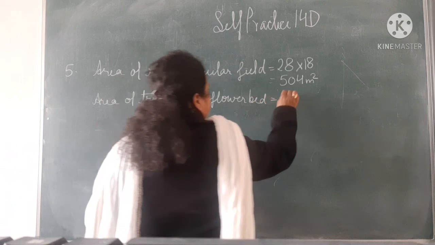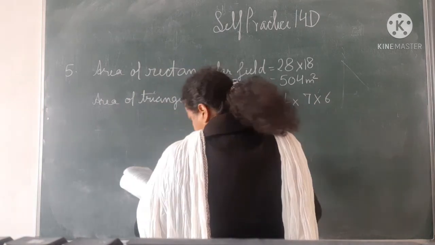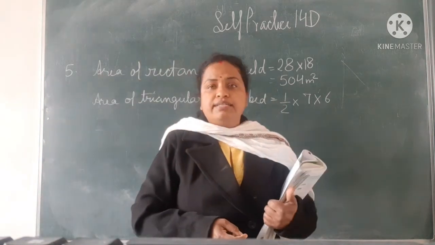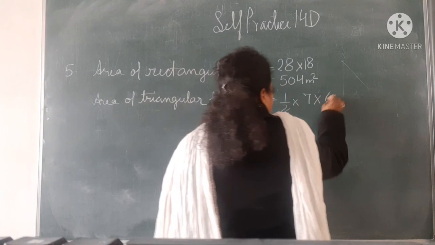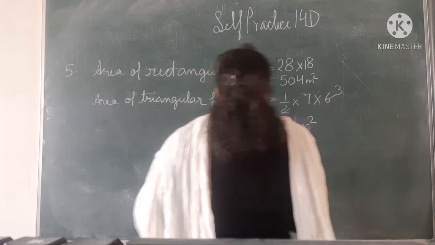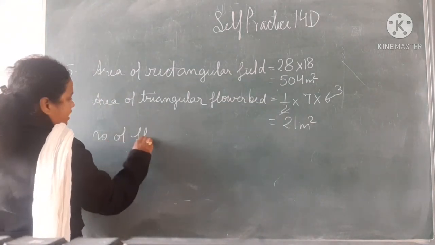As it is a triangle, it is half into 7 into 6. Because the base is 7 and the height is 6 meter as given. So you will have 21 meter square.